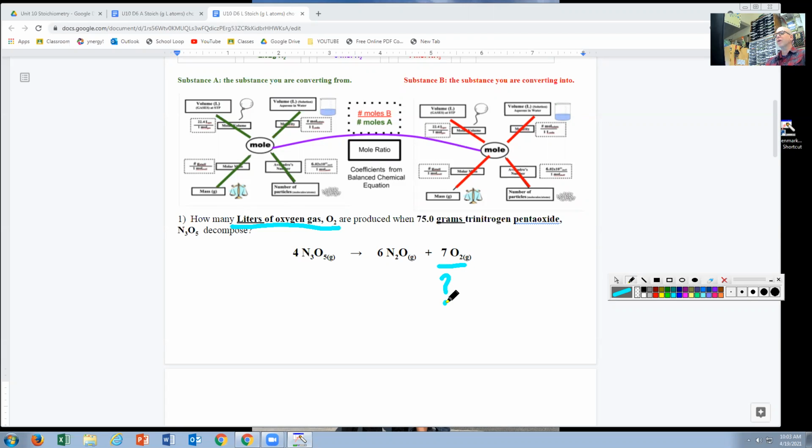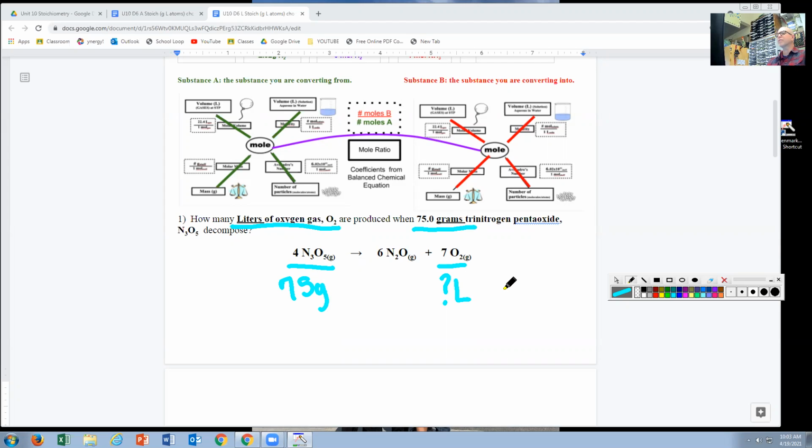So we're looking for how many liters are produced when 75 grams of trinitrogen pentaoxide, this N3O5, decompose. So this is the N3O5, and we're starting with 75 grams of this trinitrogen pentaoxide.